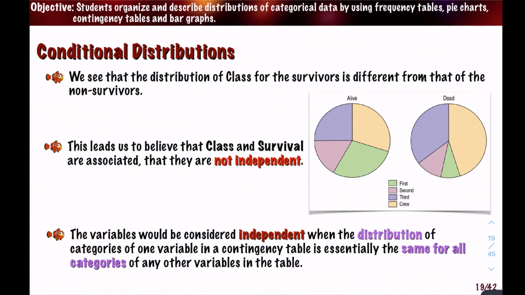And this leads us to a powerful conclusion, which we will investigate much later this school year. We see that the distribution of class for the survivors is different from that of non-survivors, which leads us to believe that class and survival are associated, and that they are not independent.